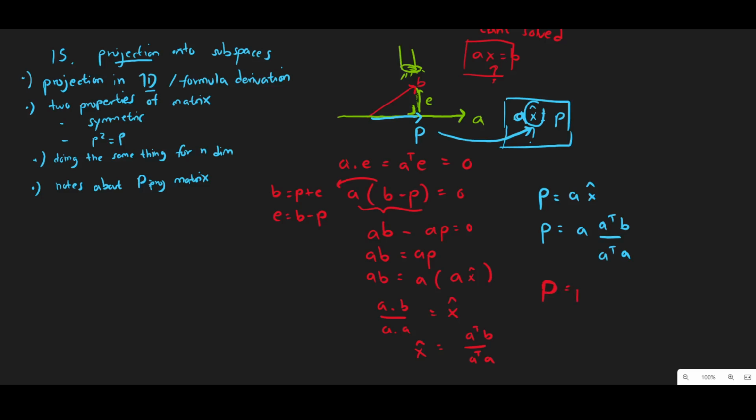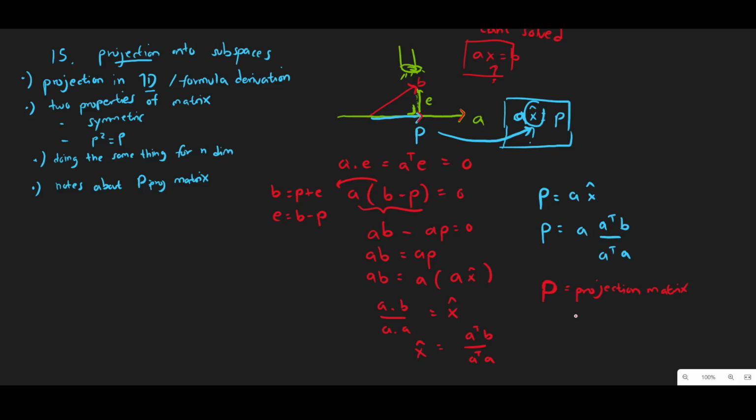This is the projection matrix. If we were to project the vector b into the subspace of A, in the end we just transform b into p.